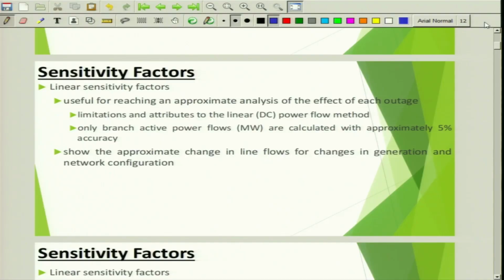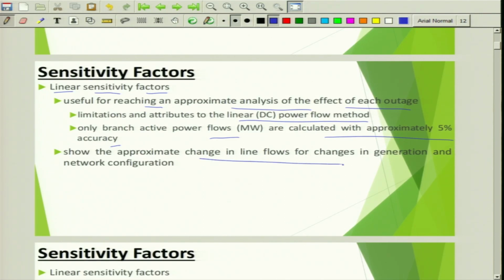So this is useful: there is something called linear sensitivity factors. You are going to find out the sensitivity of the system for two different outages. This is useful for reaching an approximate analysis of the effect of each outage. Limitations and attributes are those of the linear DC power flow method. Only branch active power flows are calculated, with approximately 5% accuracy, right? So what are the two outages that we consider?